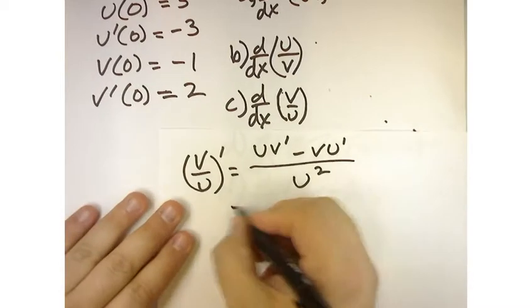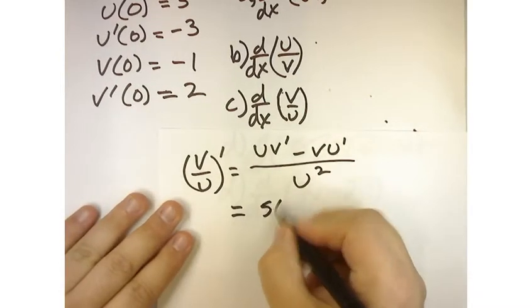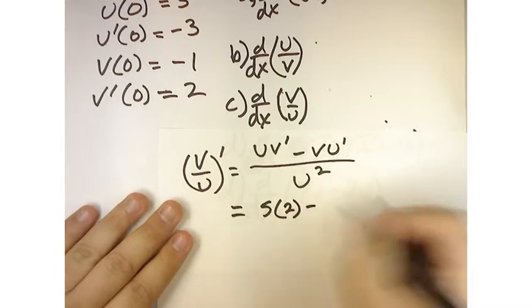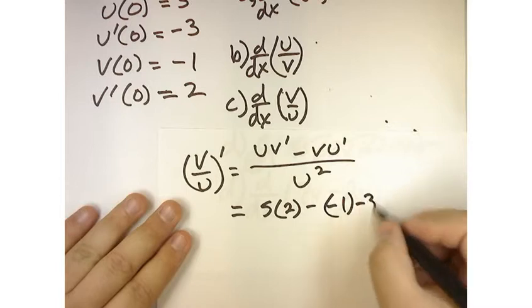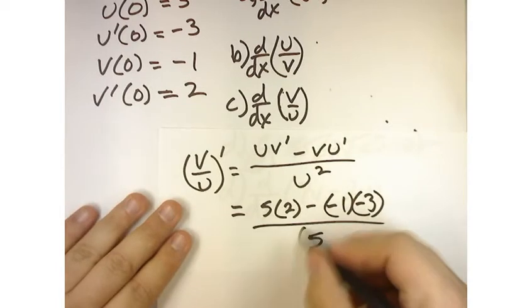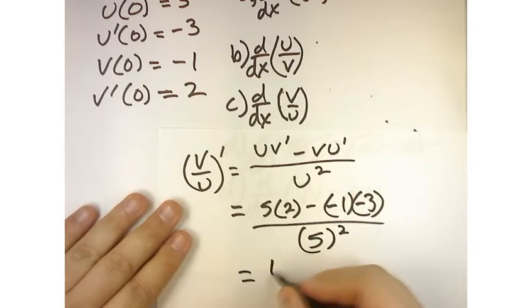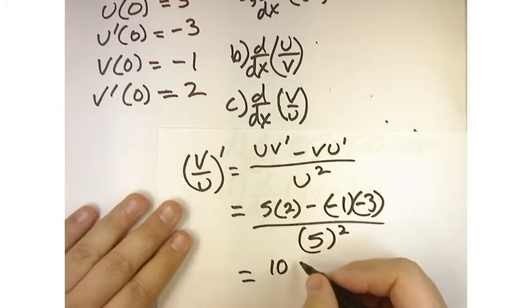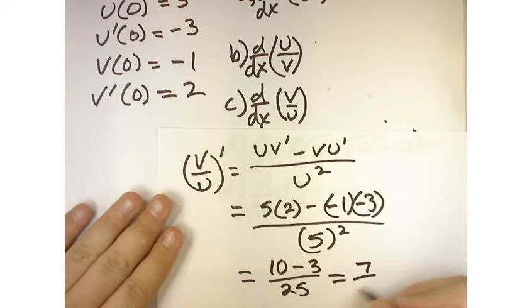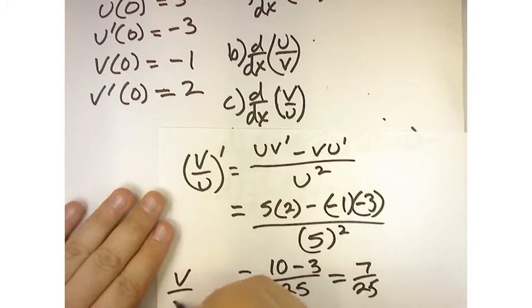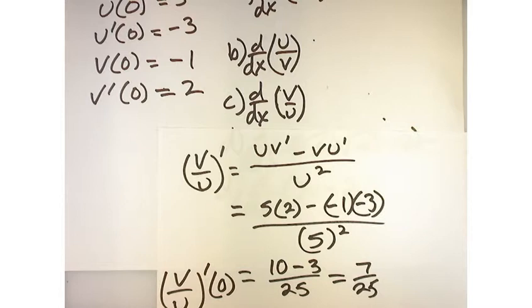And so when I do that, I'm going to get u, which is 5, times v prime, which is 2, minus v, which is negative 1, times u prime, which is negative 3, all over 5 squared. We've got 10, oh yeah, because it's minus positive 3, right, over 25. So we've got 7 over 25. And let me check in my book. Yep, that's right.